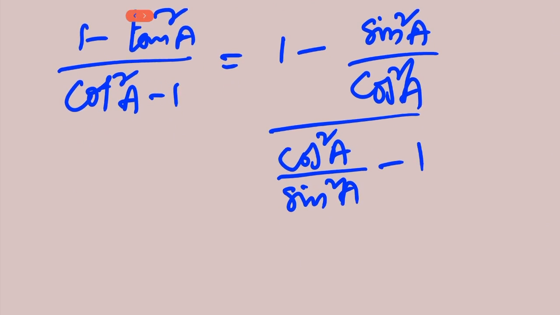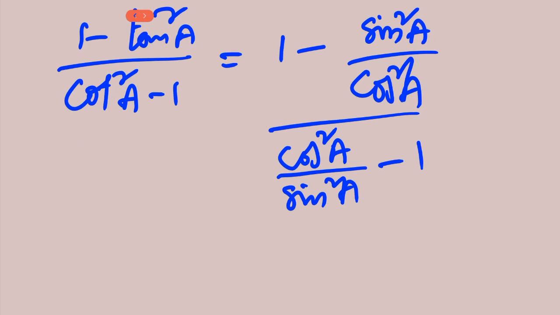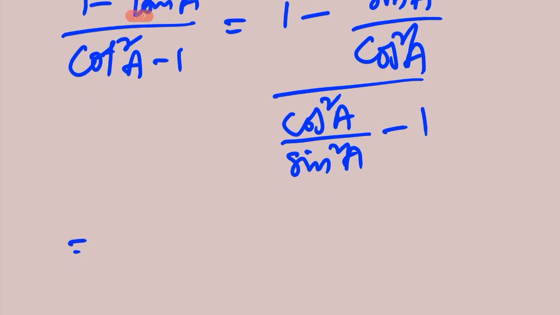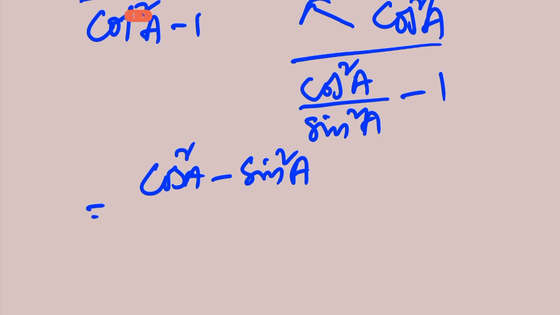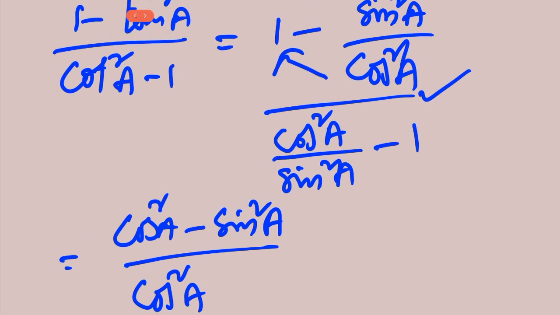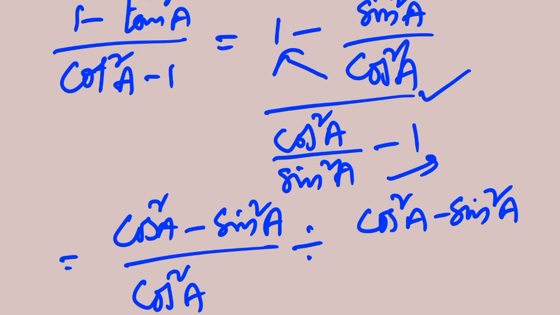Now I'll take the LCM for this. So if I take the LCM of 1 minus sine square by cos square a, I'll get cos square a minus sine square a divided by cos square a, and again I'll take the LCM of the other, again cos square a minus sine square a divided by sine square a.